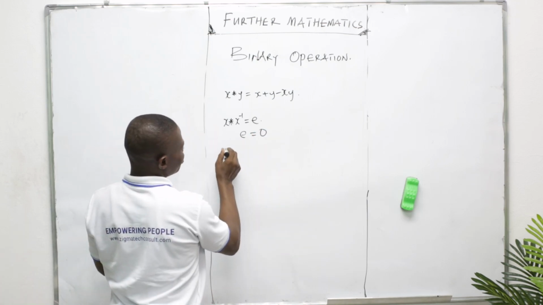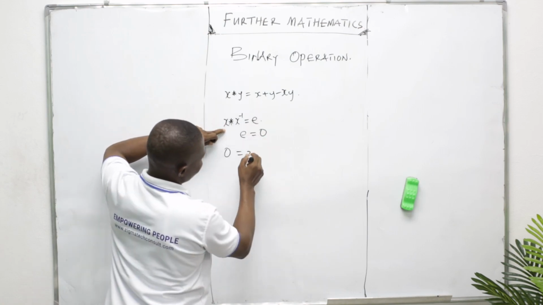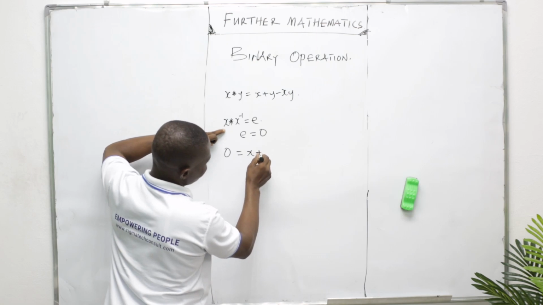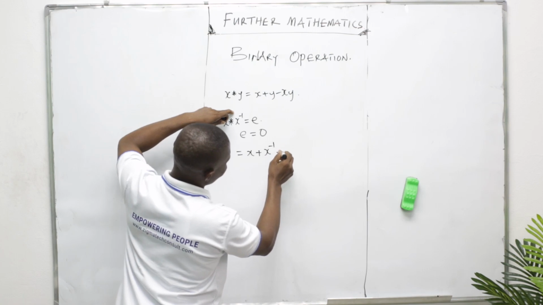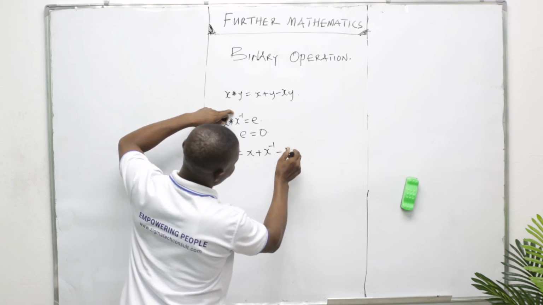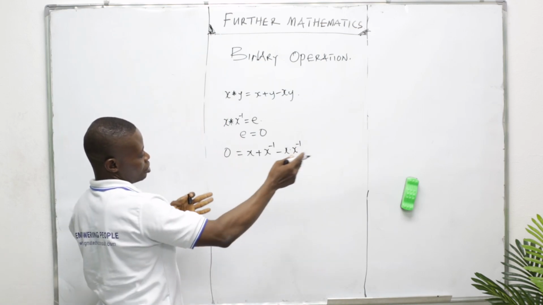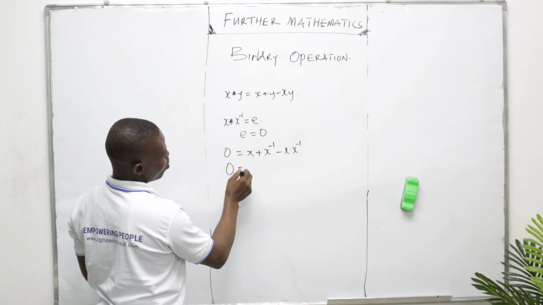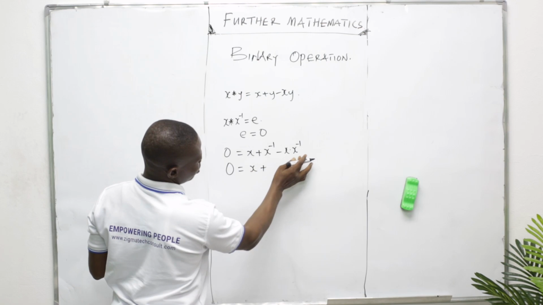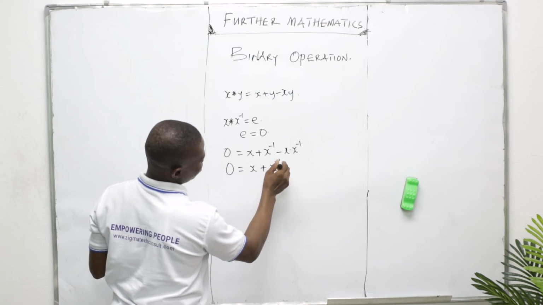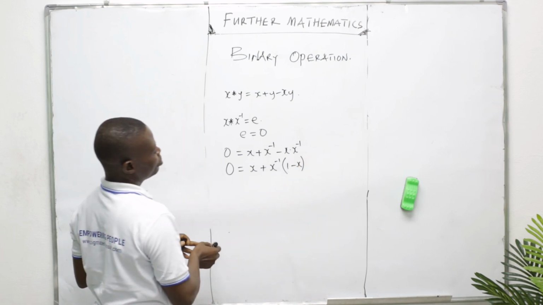You now say 0 equals this, the first one. All right, x plus y, which is this, the inverse, minus x operating on the inverse again. You can see how it's going now. So 0 equals x plus, what is common here? Inverse is common. Factor it out. 1 minus x, okay?